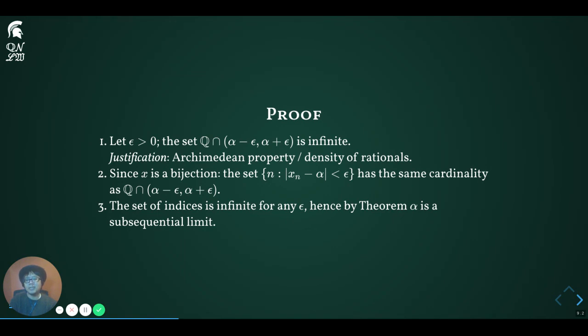Now, since x is a bijection with the rationals, this means that for every rational number that is within the distance epsilon of the number alpha, there is a single corresponding index. Hence, the set of indices for which x of n is not more than epsilon away from alpha is also an infinite set. An application of the theorem then tells us that alpha is a subsequential limit.